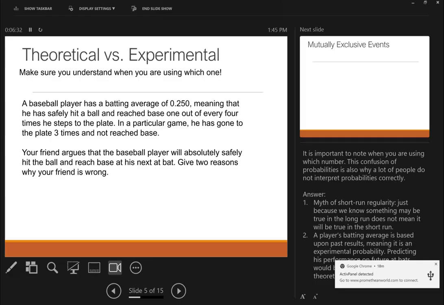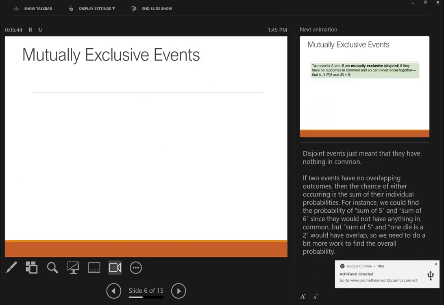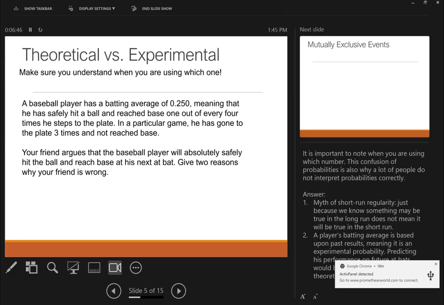Okay, what's another reason? Sure, what team they're playing, kind of. I would say the other good reason would be you're conflating experimental probability with theoretical probability.